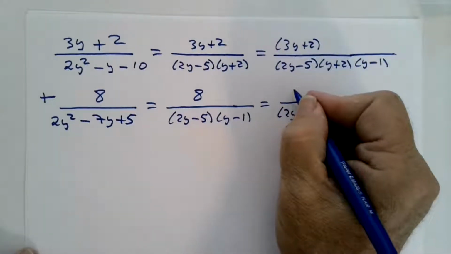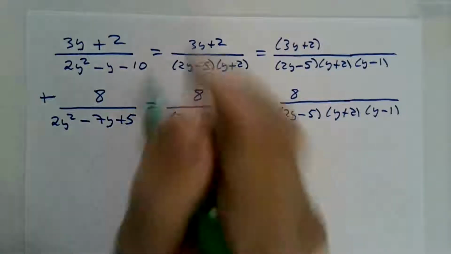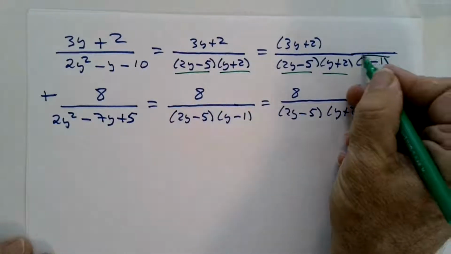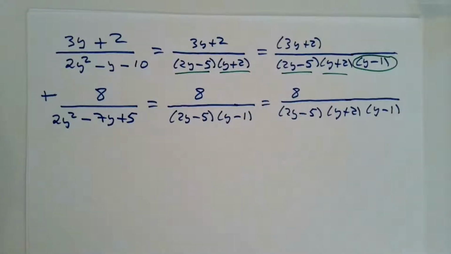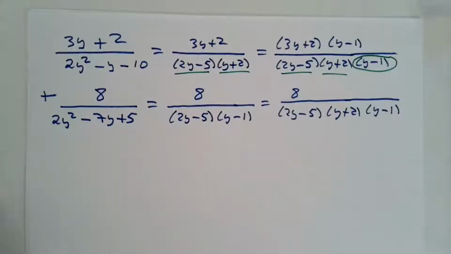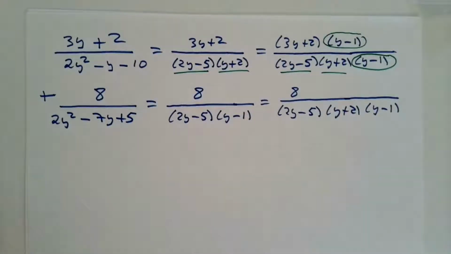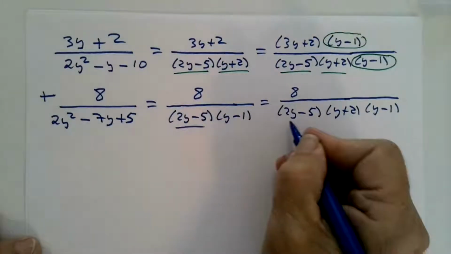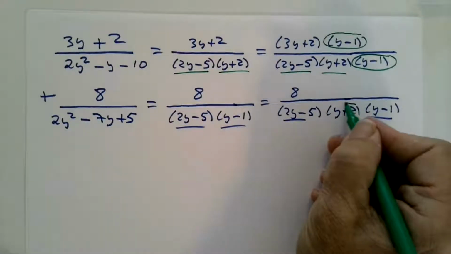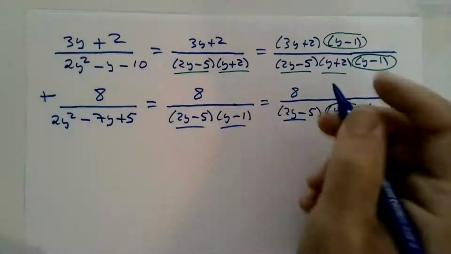Bring over the numerator 8. Let's find out what is new in each case. 2y minus 5 was there before, y plus 2 was there before, y minus 1 is new. Multiply y minus 1 on top. On the bottom, 2y minus 5 was there before, y minus 1 was there before, so y plus 2 is new. Multiply y plus 2 on top.